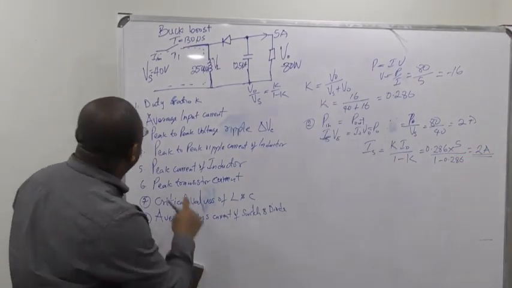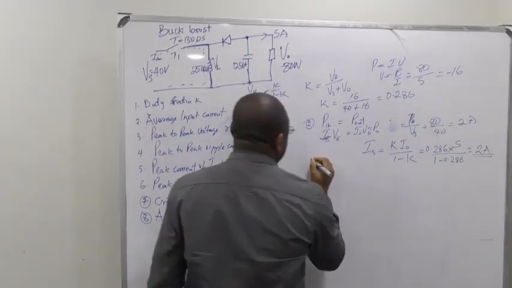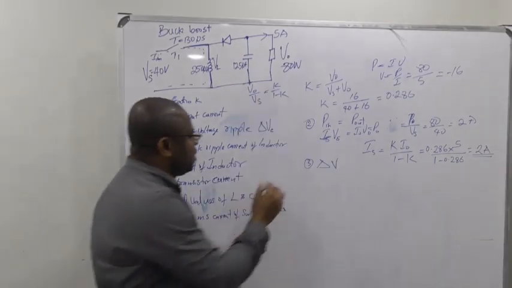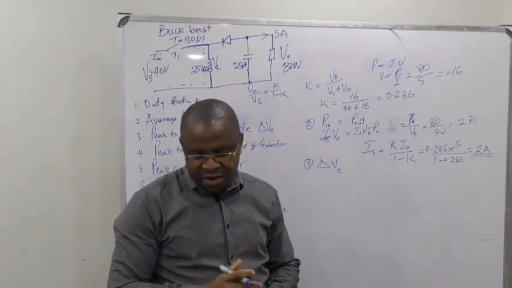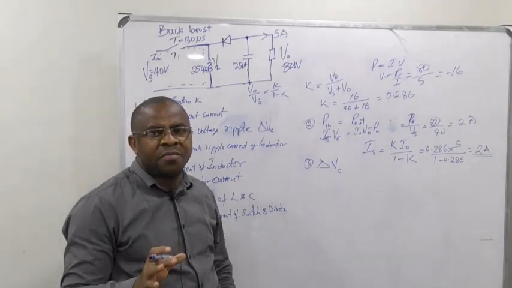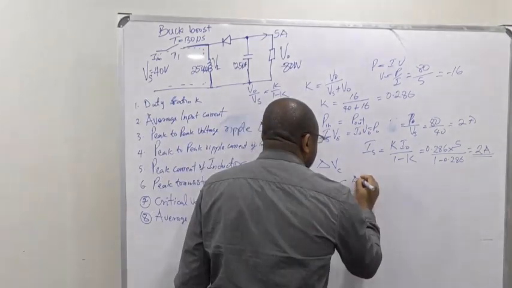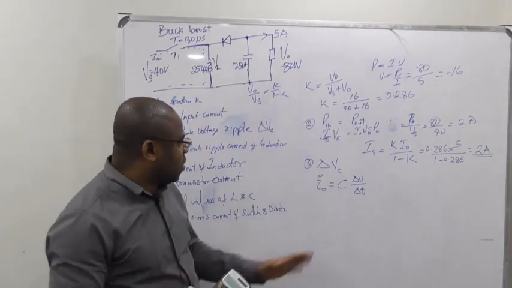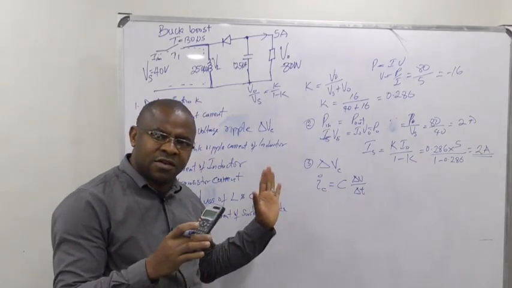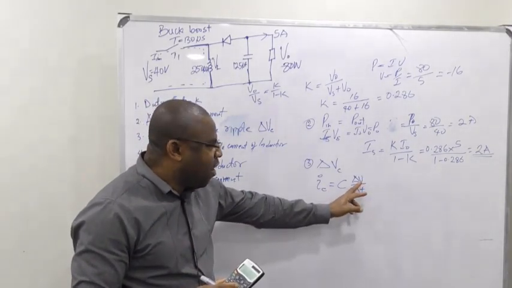Now the next question is to calculate the peak-to-peak ripple voltage, delta VC. Remember the current going through the capacitor, delta V, delta T, we know that. So what you do is you just use your time of on.